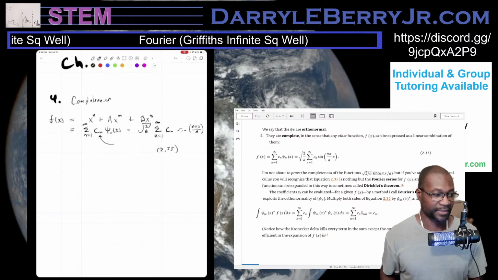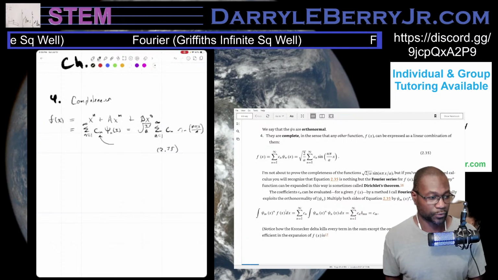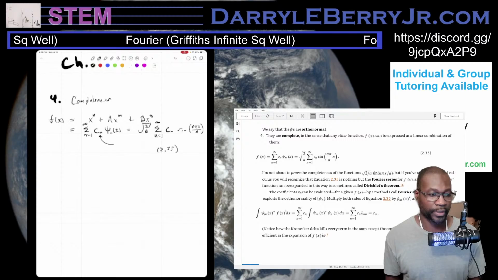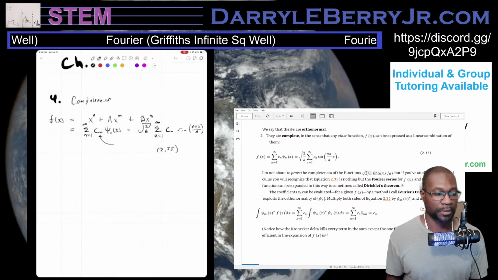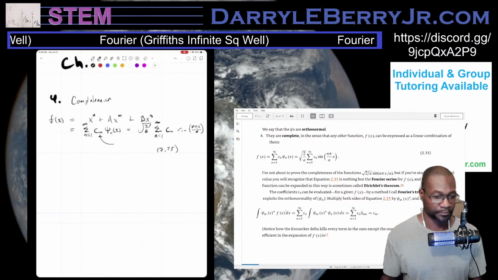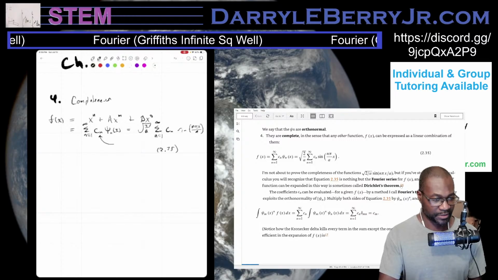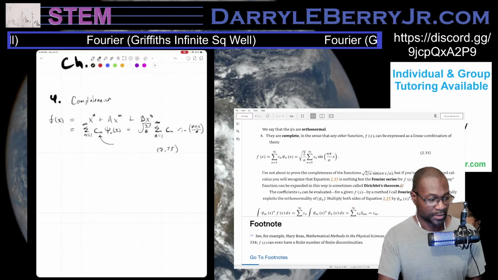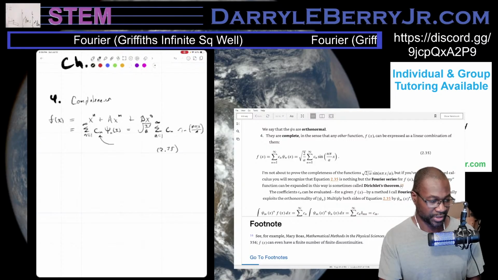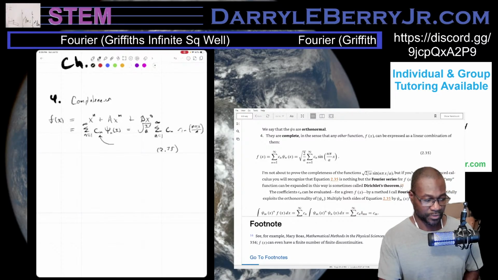But if you've studied advanced calculus, you will recognize that equation 2.35 is nothing but the Fourier series for f of x. And in fact, that any function can be expanded in this way is sometimes called the Dirichlet theorem. See, for example, Mary Boas's Mathematical Methods in the Physical Sciences, 3rd edition. f of x can even have a finite number of finite discontinuities.